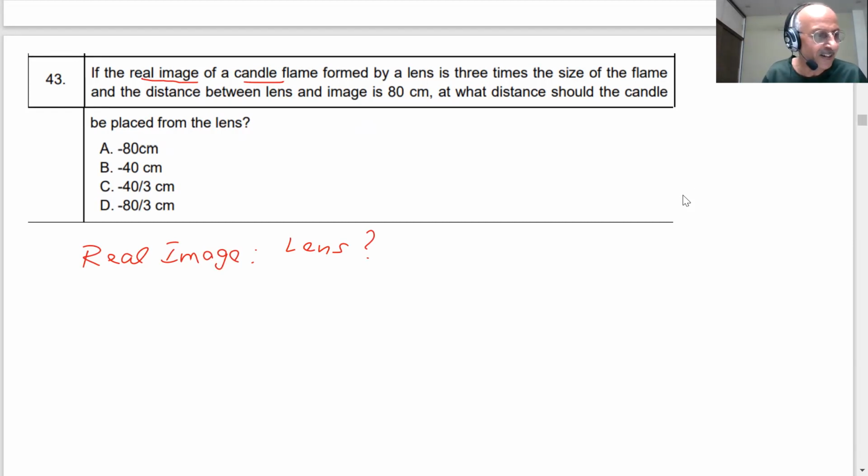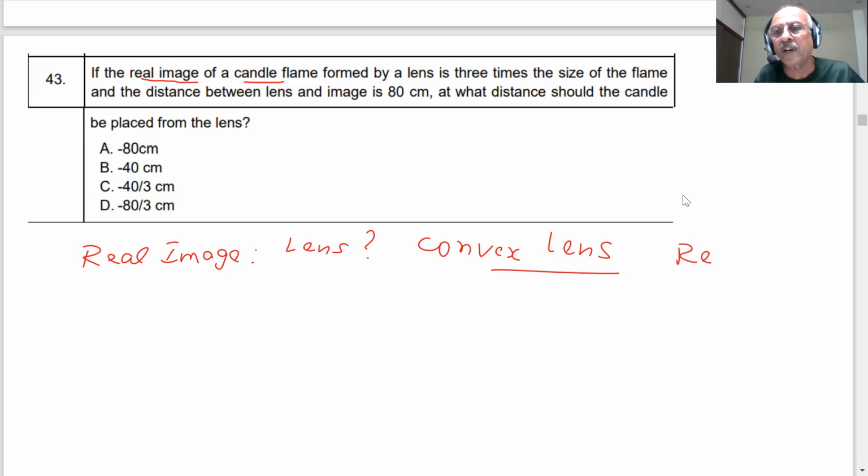Therefore, it is very clear, student, that this is not going to be a concave lens. It is a convex lens. Since the image is real, it is real and inverted. Convex lens always forms a real and inverted image. You already know about it.